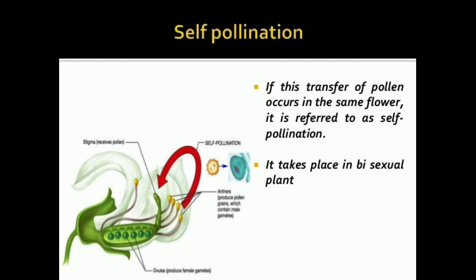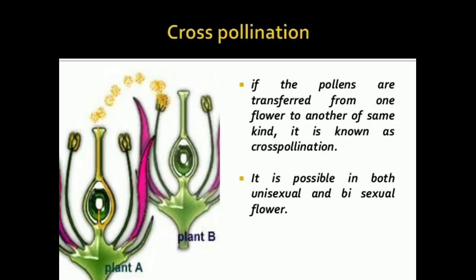So it will take place only in bisexual plants, right? Next one is cross-pollination. If the pollens are transferred from one flower to the stigma of another flower, it is called cross-pollination. But the flower should be of the same kind.